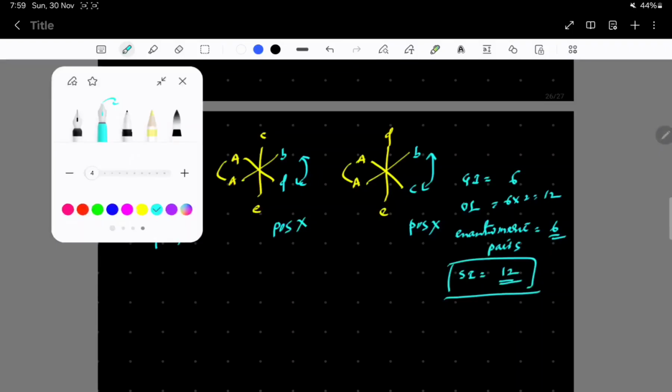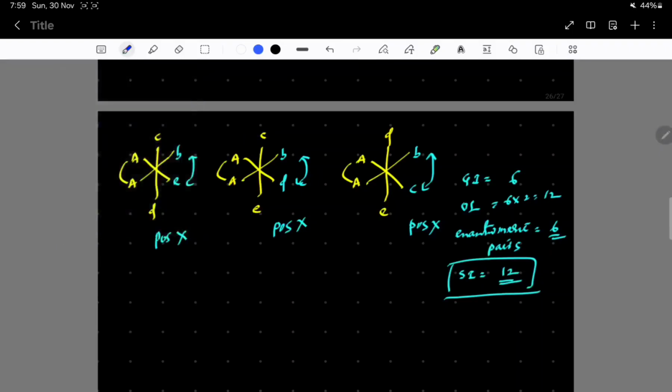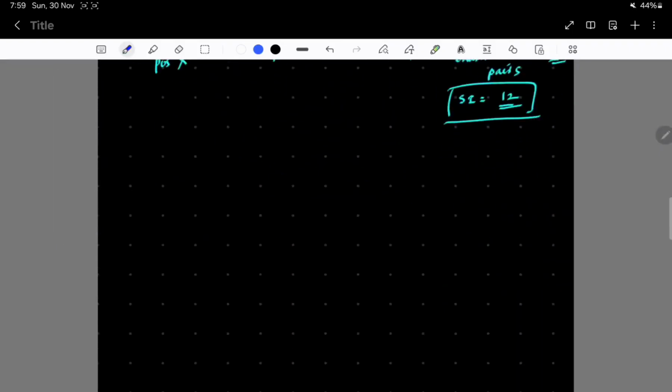Right. Now next I will take one more example. Here I am taking one more example, MAA B2CD. In this case also you can check the possibilities.